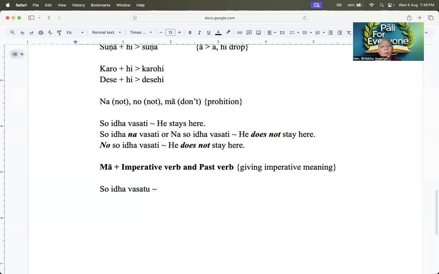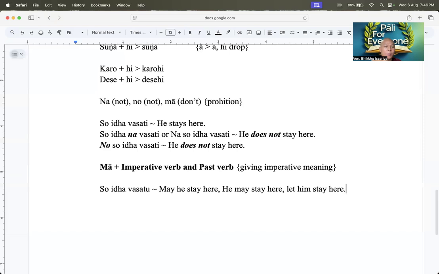So the meaning of that one is may he stay here, or he may stay here, or let him stay here.